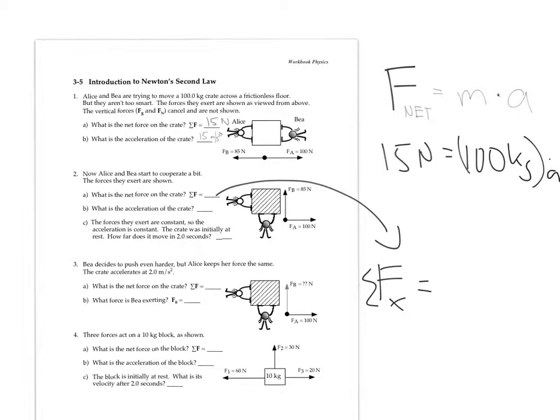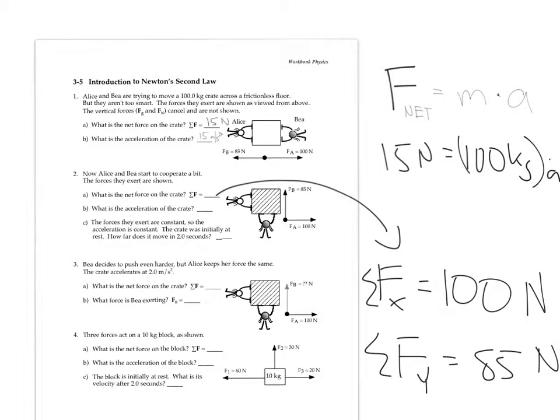The net force in the x direction is 100 newtons. Let's cross that out. And the net force in the y direction is 85 newtons. I probably don't need to explain to you why that is, but again, Bob is pushing in the y direction at 85, and then Alice is pushing in the x direction at 100.